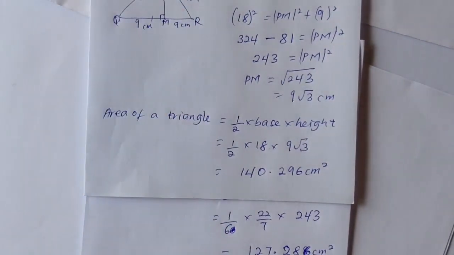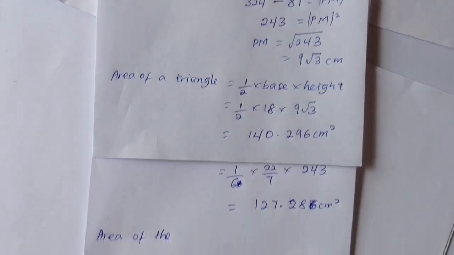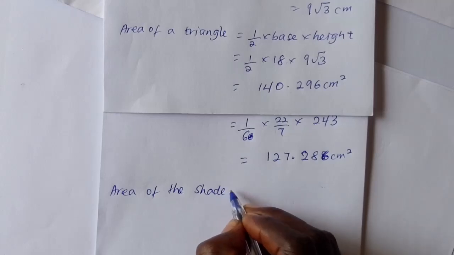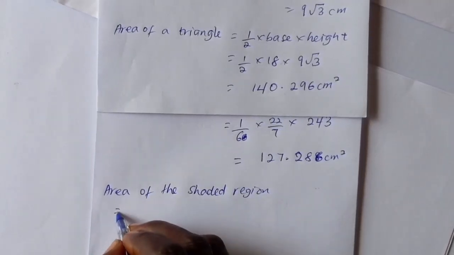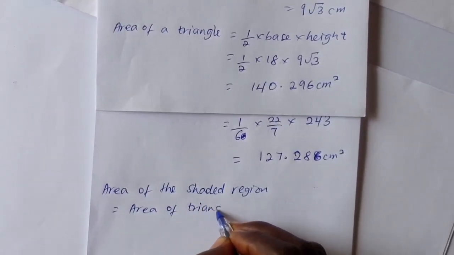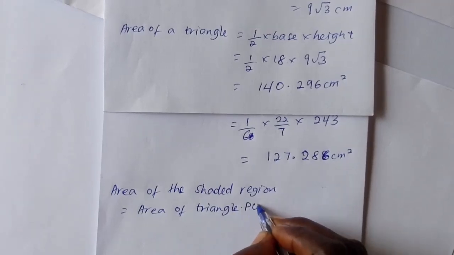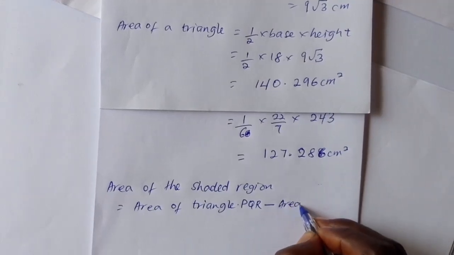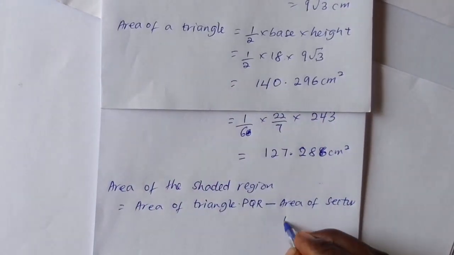Now, what do we get? We go ahead and say that the area of the shaded region is the area of triangle PQR minus the area of sector PAB.